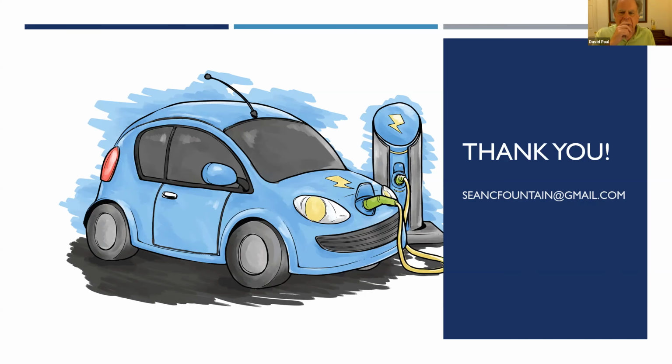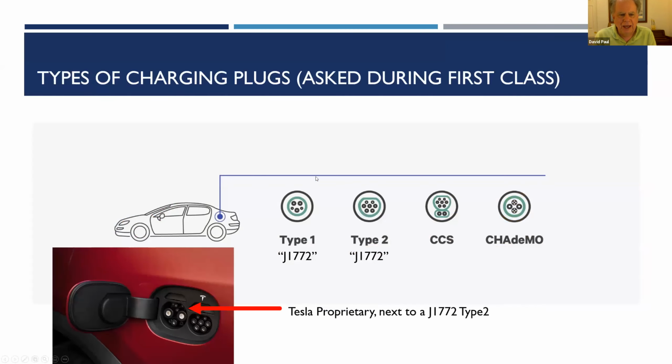Sean, a real quick question: the different kinds of charging that the different cars have, any of those will work when you go into a charging station, right? So this type 1 here, that's the circle. That's like universal.